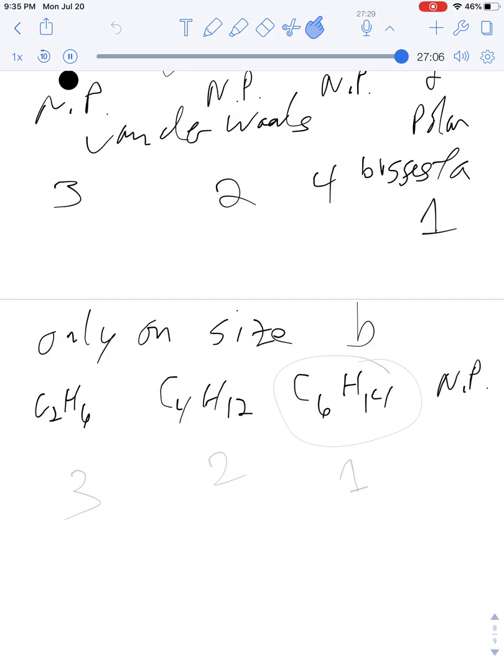So who's the biggest? That one's going to deviate the most from the ideal gas theory. All right? That's it for theory in Chapter 5, gas laws. Now it's just a matter of doing problems.